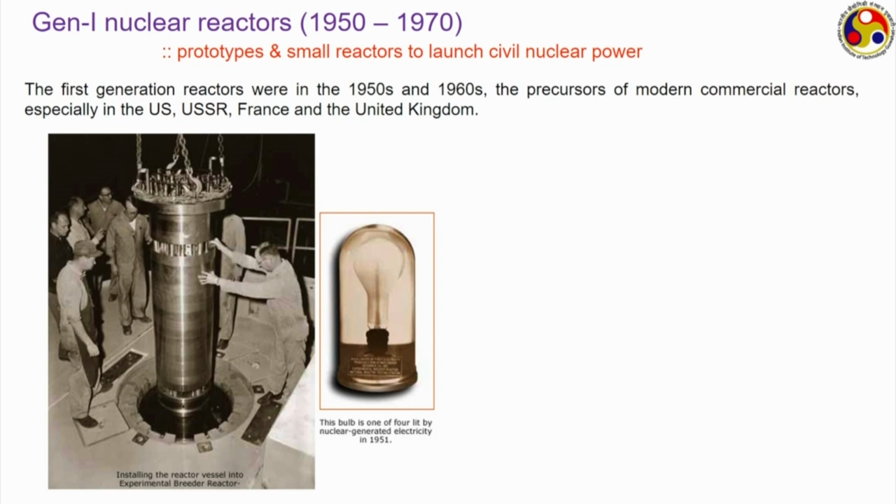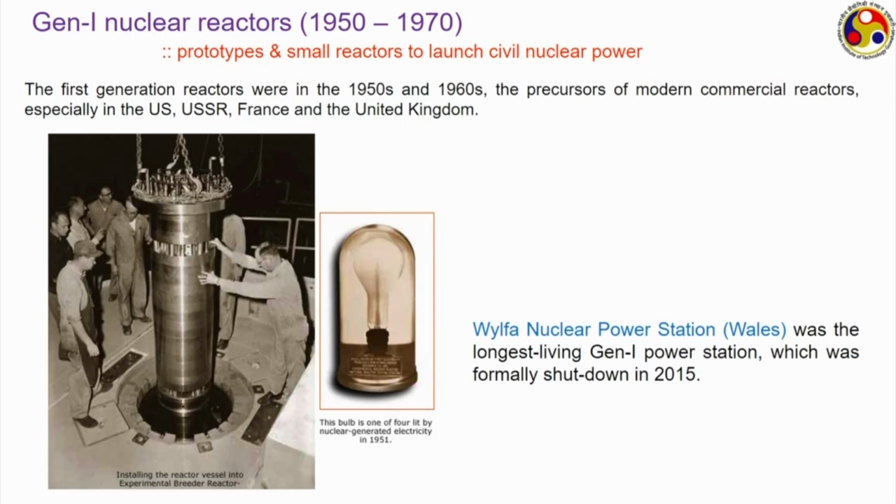Quite a few commercial reactors came into play. Some of the names are already mentioned in the earlier slide where I have shown the generation wise views. You can search on the internet to get some more names, but all of them have virtually been shut down by now, in fact well before, and the last one of them, the longest living generation 1 reactor, which was at Wales in the United Kingdom, was also formally shut down in 2015.